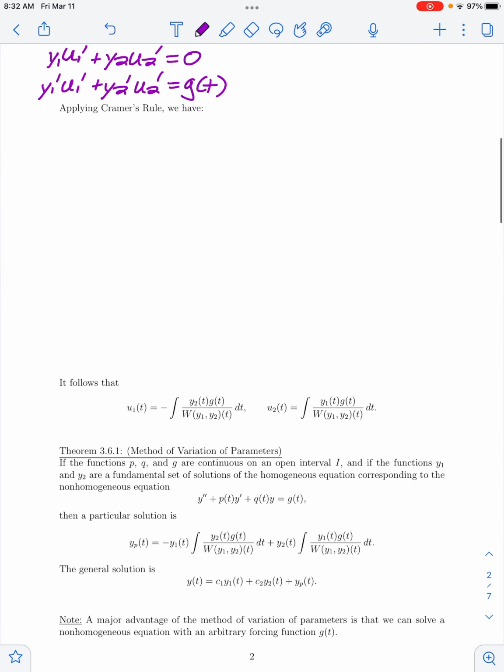So to solve this system of equations, there's a number of ways we could do it.